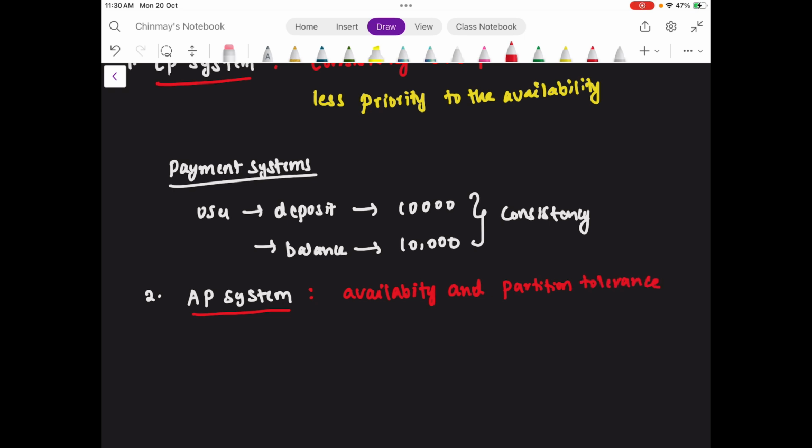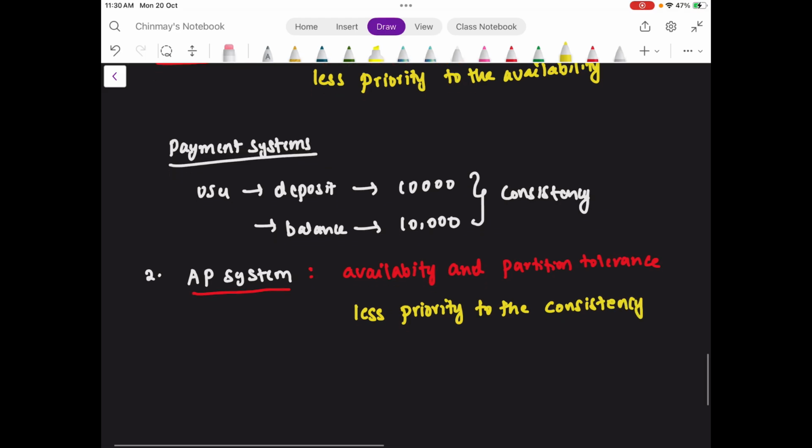In this case, there is less priority to the consistency. Consistency is there, but there is less priority. That means eventually consistent.